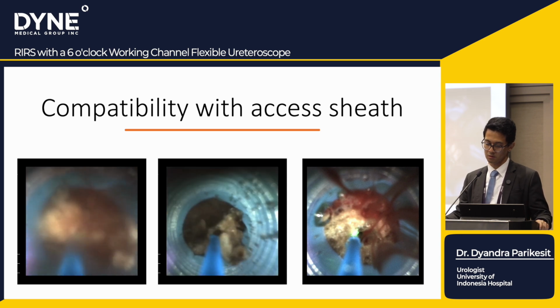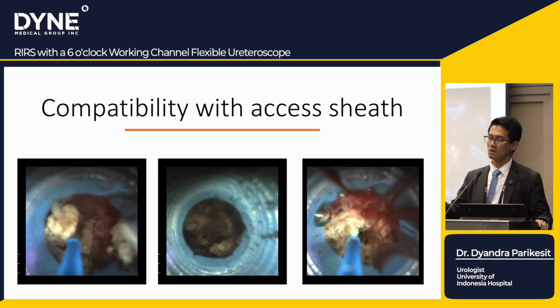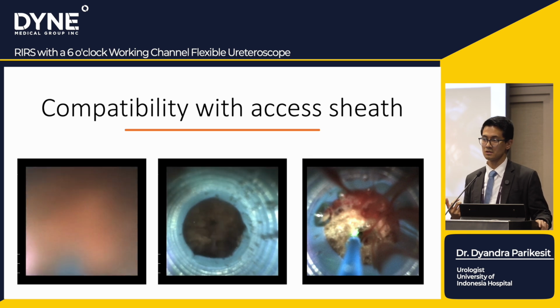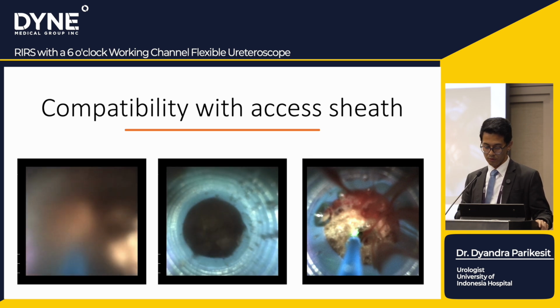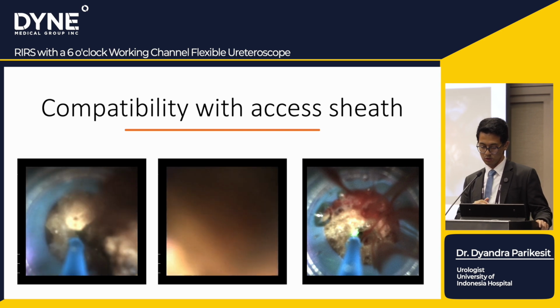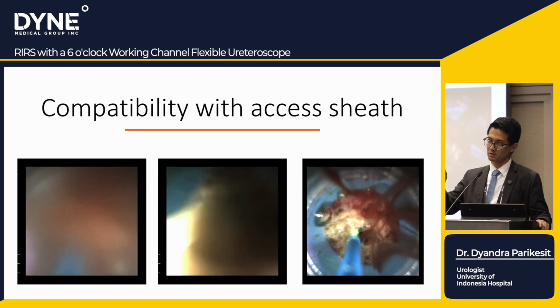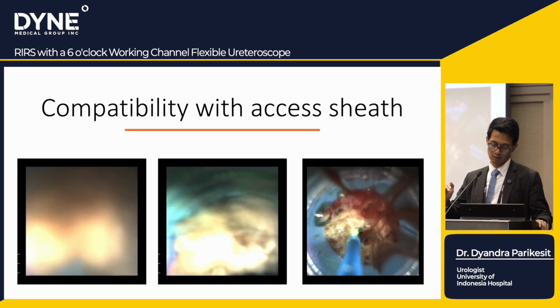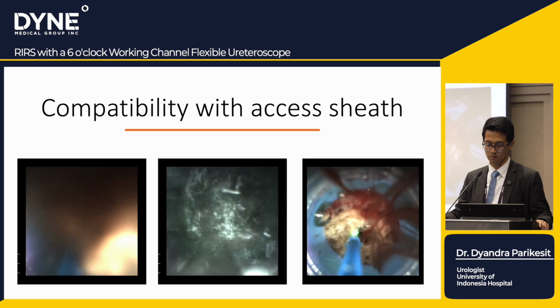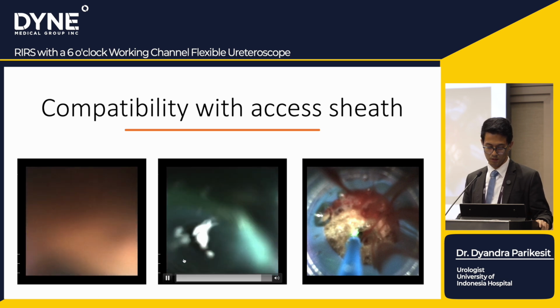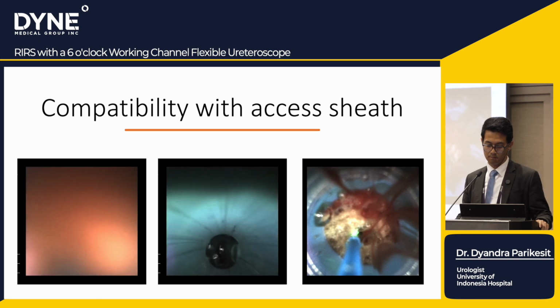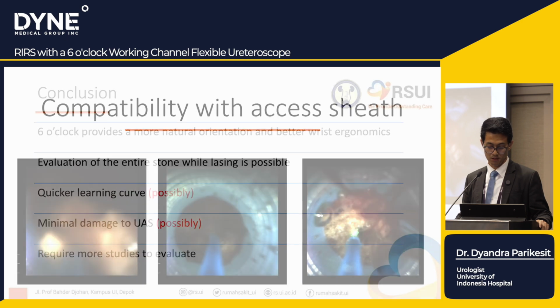With this, I wanted to lase the stone while providing suction as well, and I found it very easy because you can measure the distance between the tip of the laser fiber and the lower part of the access sheath. This is, I would say, an additional advantage of having a 6 o'clock channel.